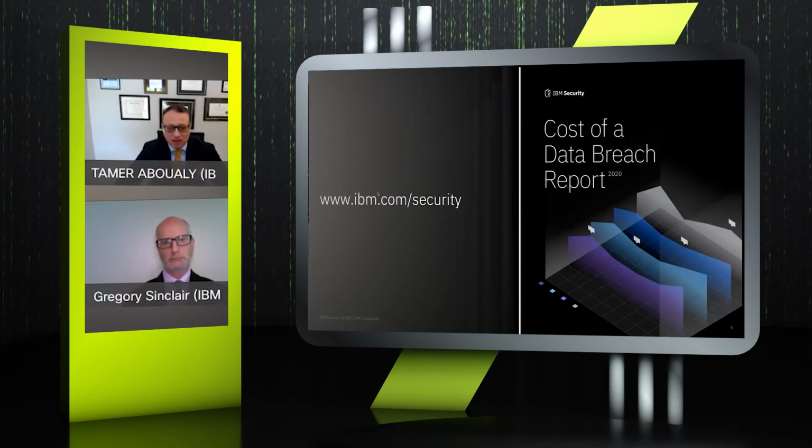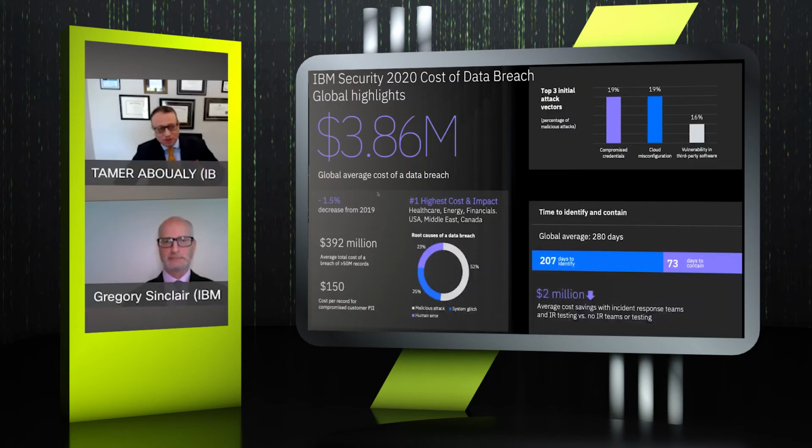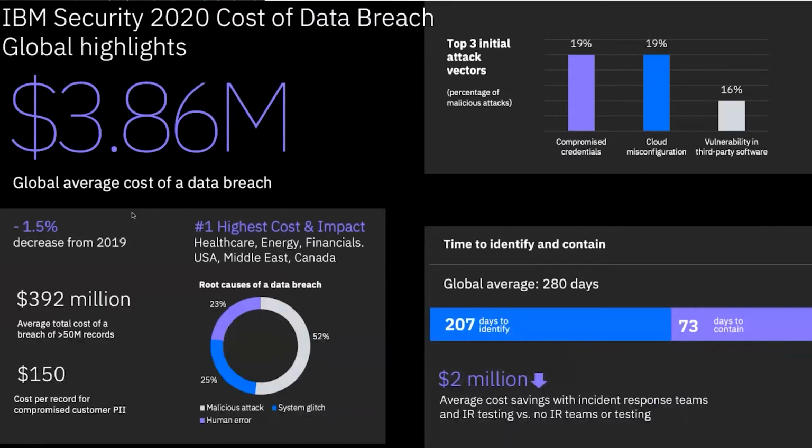So first up, the IBM Security Cost of Data Breach Report for 2020. If you're interested in reading further about this report, please go to ibm.com/security, and you could read more about the report. So the highlights of the report. What we've seen is that the global average for a data breach is about 3.86 million. Now that's across various industries and countries and geographies.